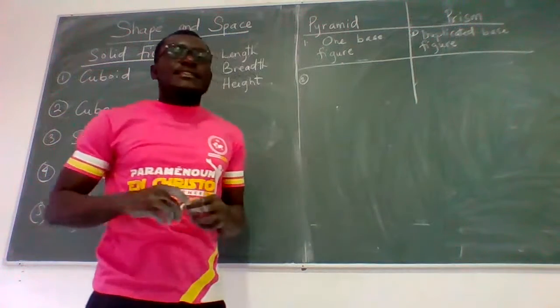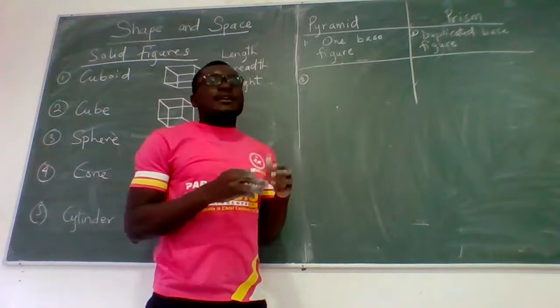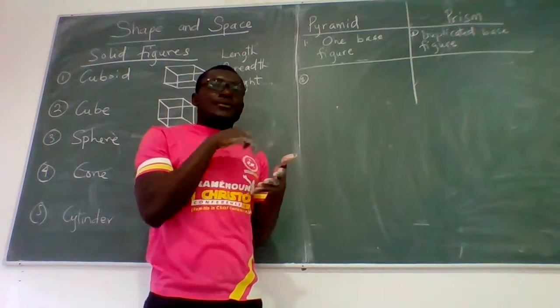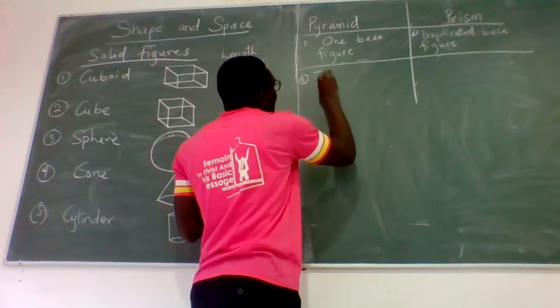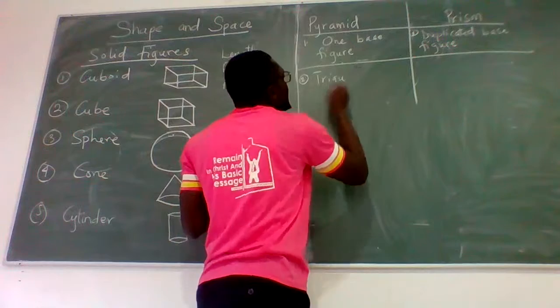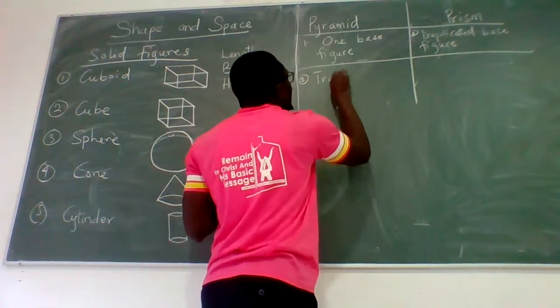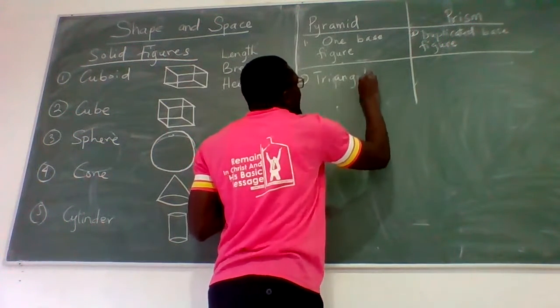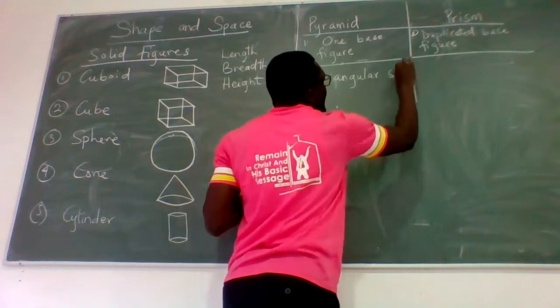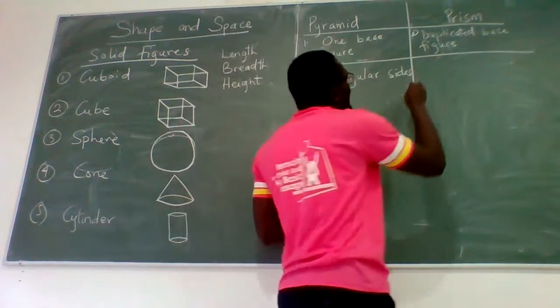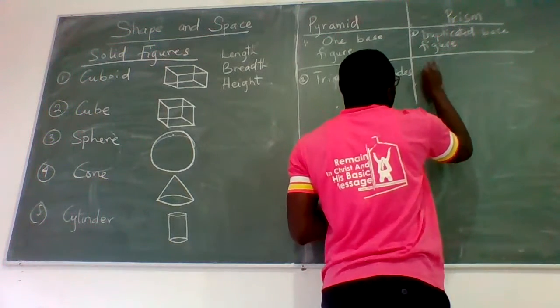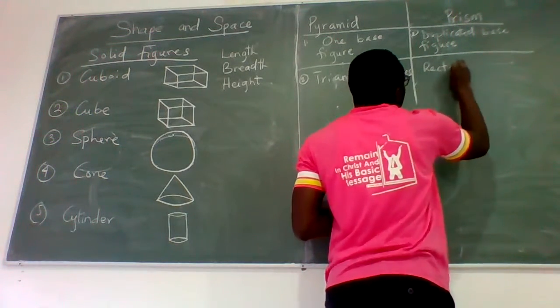The second thing is that the sides around the pyramid are always triangles. So we have triangular sides, and then when it comes to the prism, that is supposed to be rectangular.